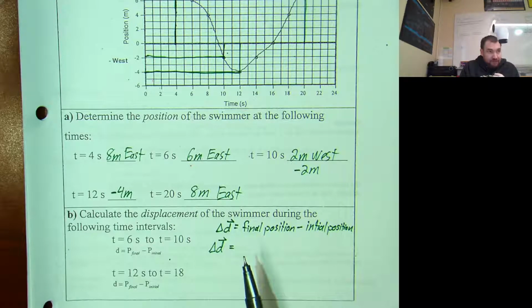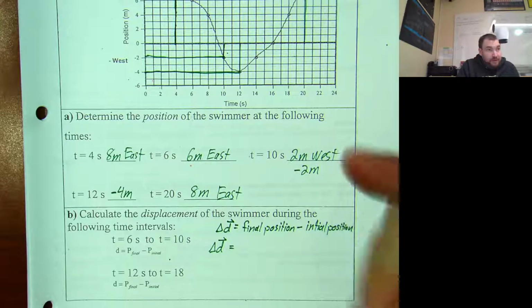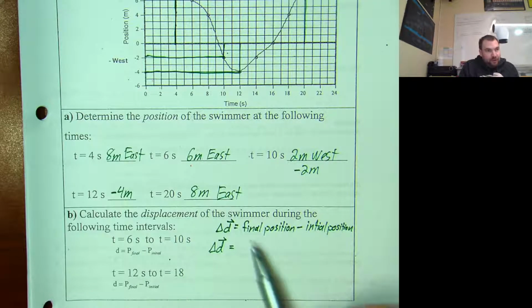So there's a voice coming from the front corner here. Do you have a thought, Manuel? Sorry? I can't quite hear you. Negative 8. How'd you do that? So 2 meters west, but west doesn't really work here in the equation.